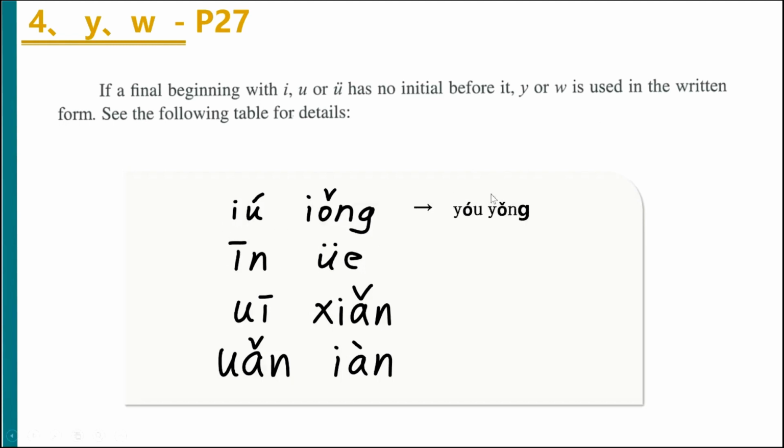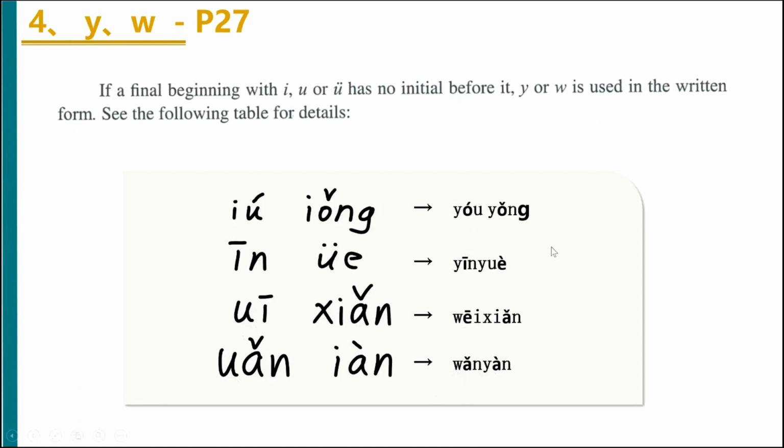So 游泳 changes into yóuyǒng, 音乐, 危险, 晚宴. We can tell from these four examples that it doesn't simply follow the rule of adding y and w before it. For example, in 危险 here is u, while here is w, and in 晚宴 we have u here, but then there's no u. We change u into w.